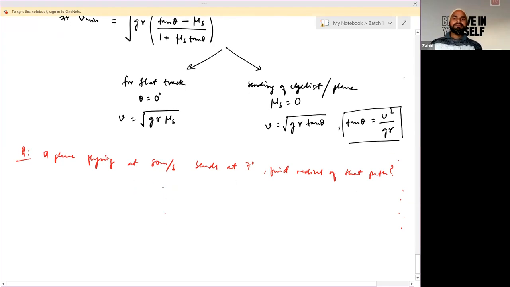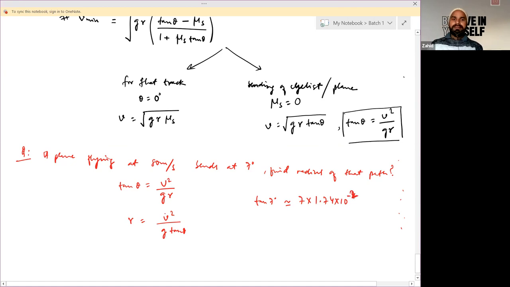How to solve it? Just use this formula. Tan theta equals V square over g times R. So R will be V square over g times tan theta. Tan of 7 degrees will be equal to 7 into 1.74 into 10 to the power minus 2.